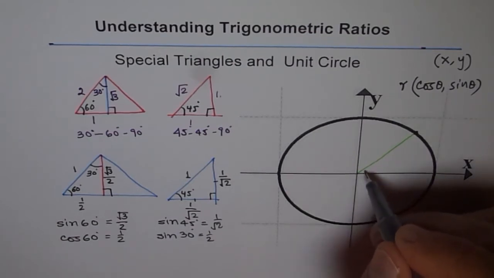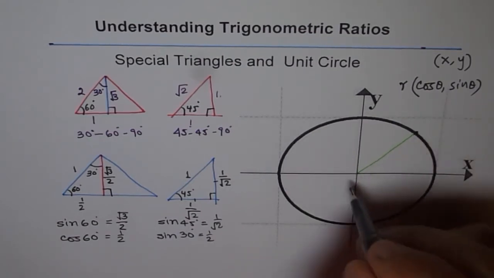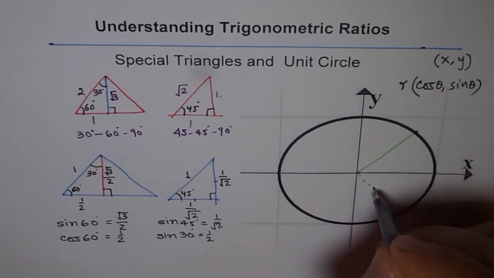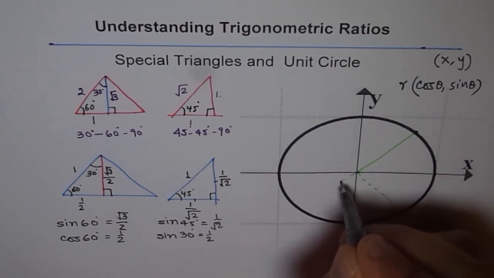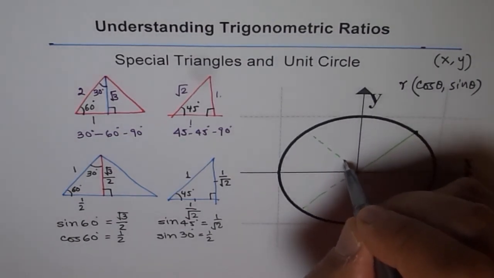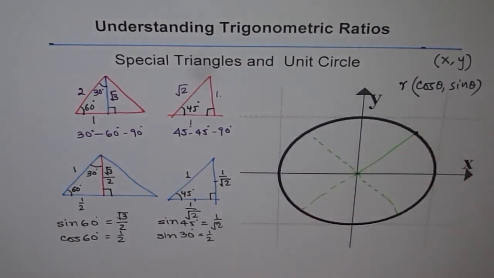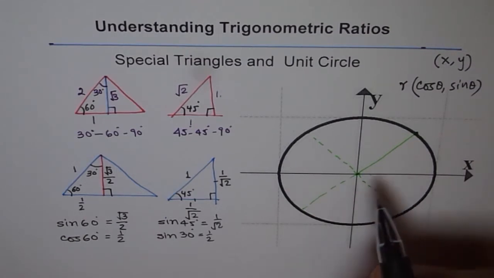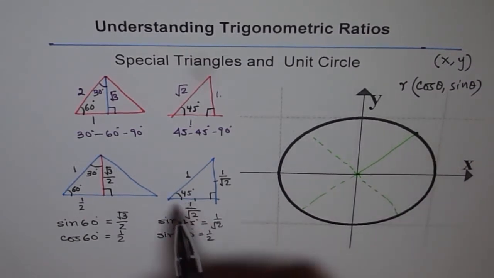So we will draw this line, and we will draw this line in all the quadrants. Let's divide each quadrant into equal halves. When I do so, I'm basically making 45 degrees, correct? So these are all 45 degrees. Let's put the values.